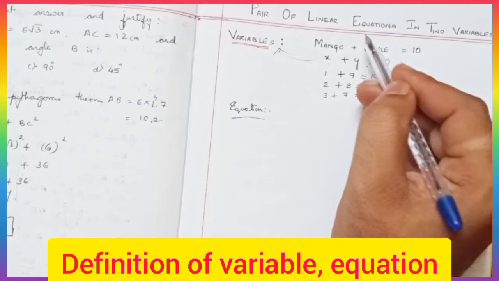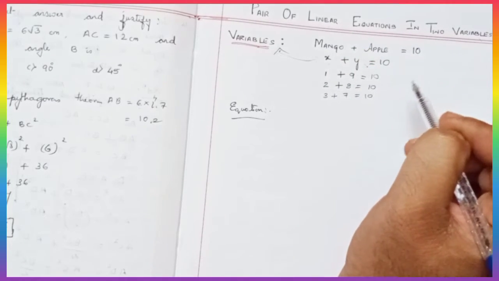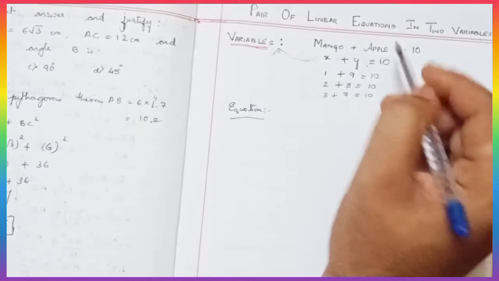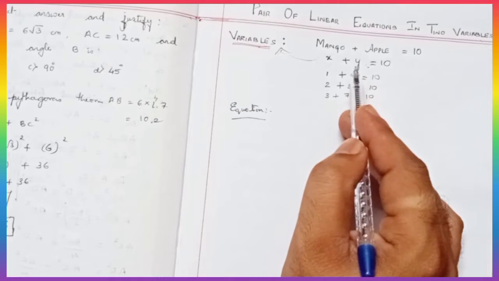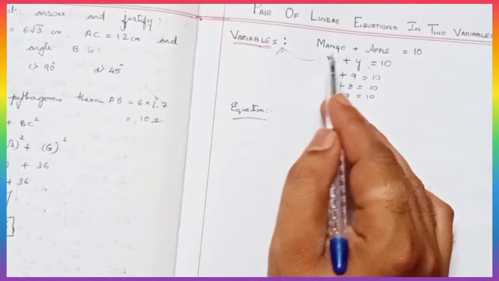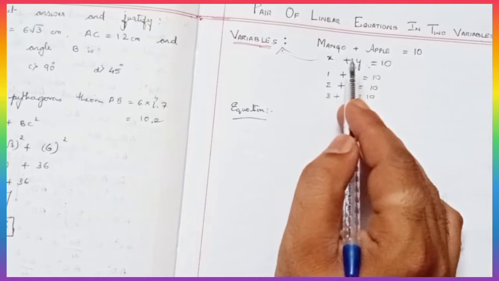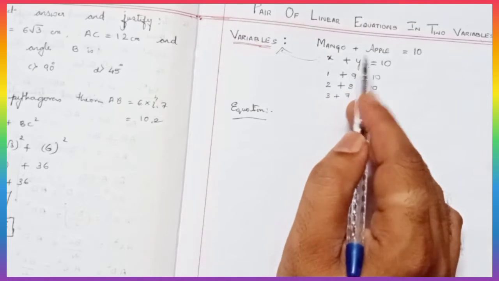Now we need to try to understand linear equation. What do you mean by linear equation? If you carefully observe the variables here, what is the power of the variables? We have not written any kind of power on the variables. Power means writing a number on top of the variable.